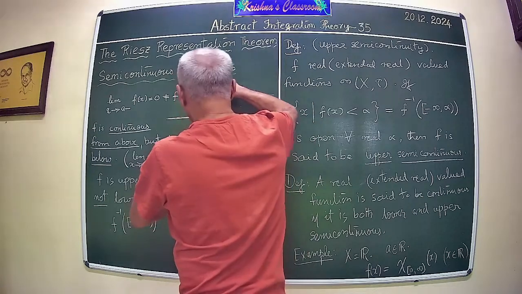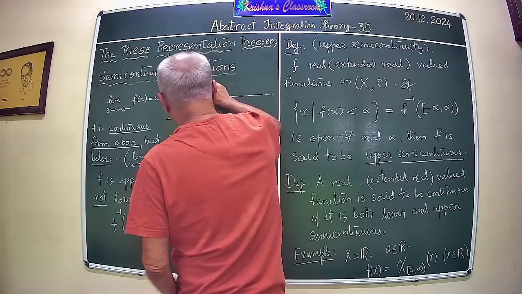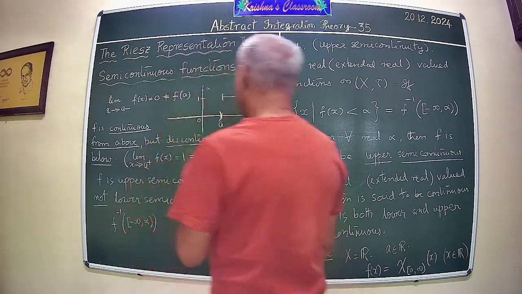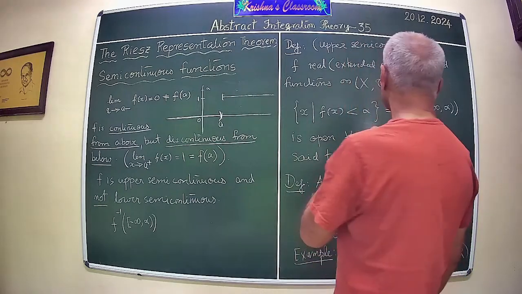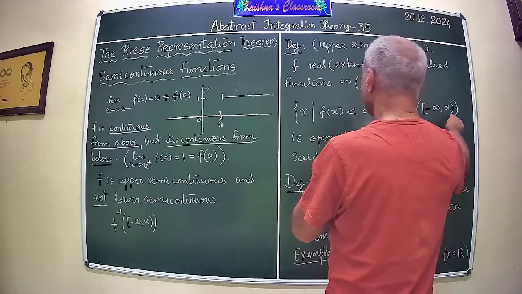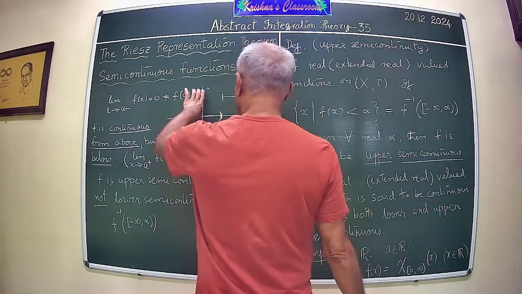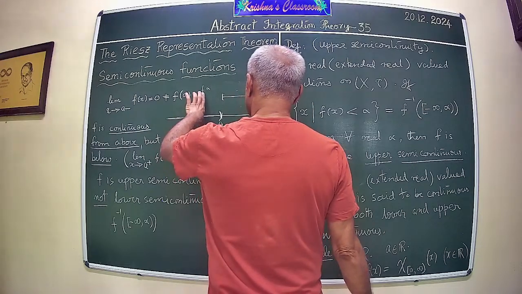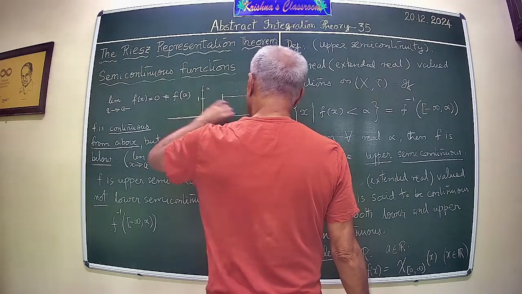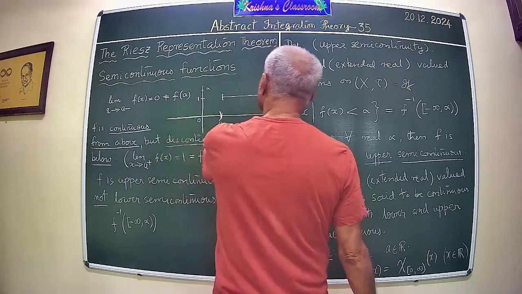So see, if your alpha is somewhere here, then you take the f inverse of (minus infinity, alpha), that is this portion. And what is that? That consists of the whole space.